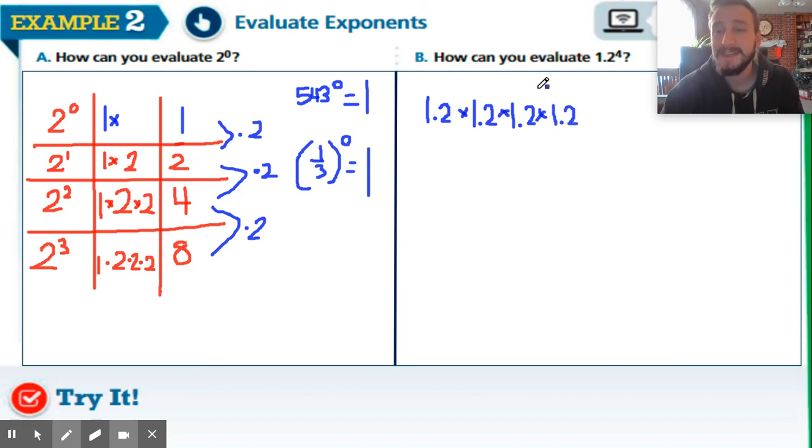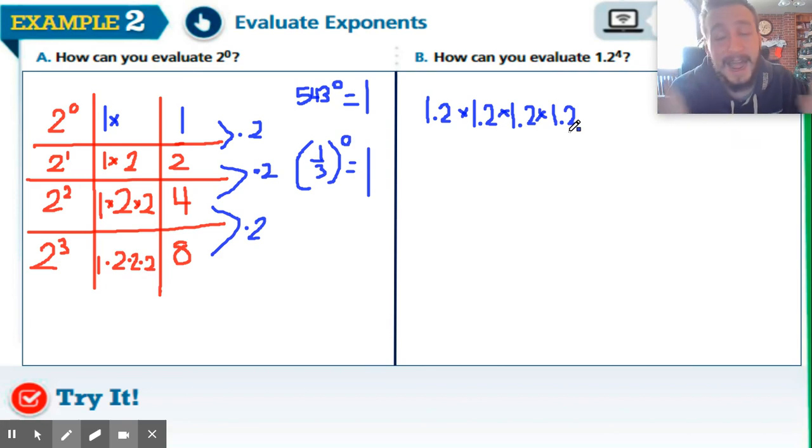So I went from exponent form to expanded form. I wrote it 4 times. Now I just need to solve it.